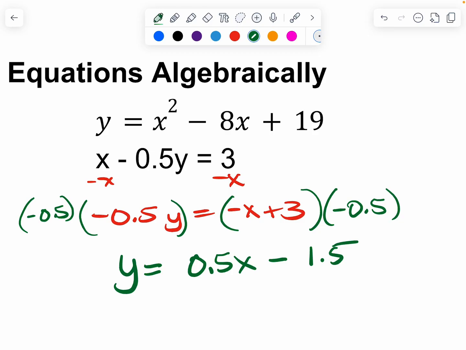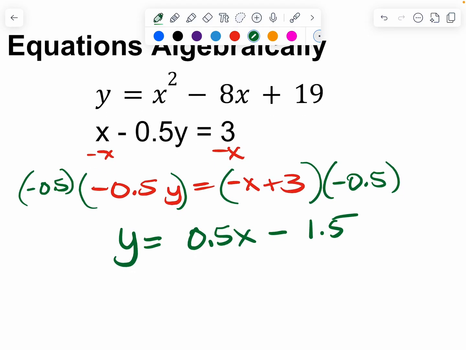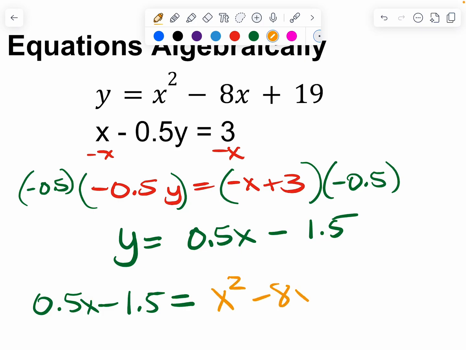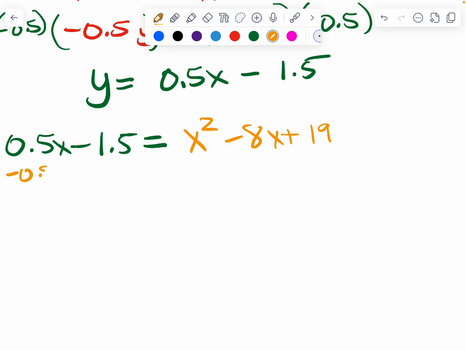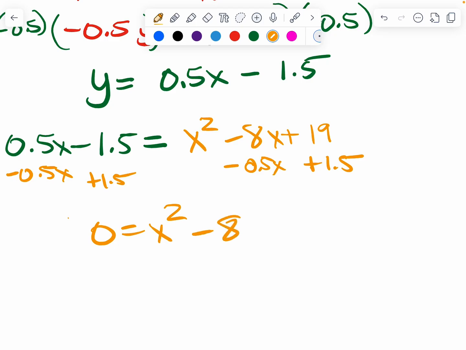So I'm going to take this and plug it in for the y. So 0.5x minus 1.5 equals x squared minus 8x plus 19. So I'm going to subtract this over and add this over. 0 equals x squared minus 8.5x plus 20.5.